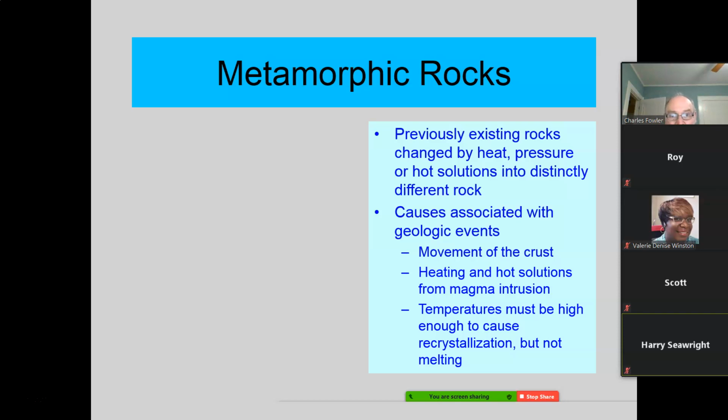Now we're ready for metamorphic rock. Okay. Now, again, metamorphic basically means big change. Big change in the rocks.